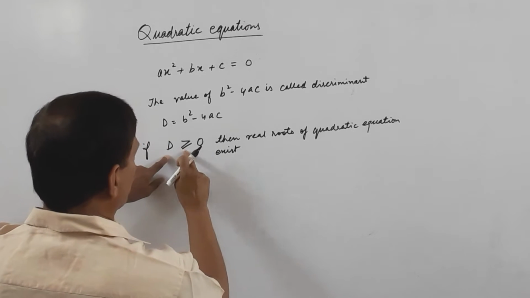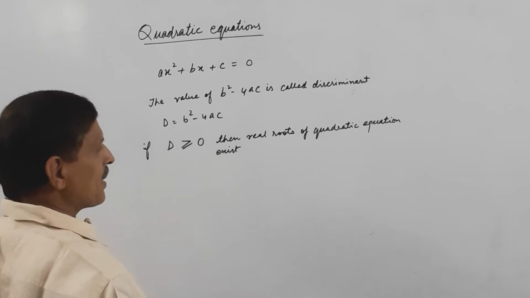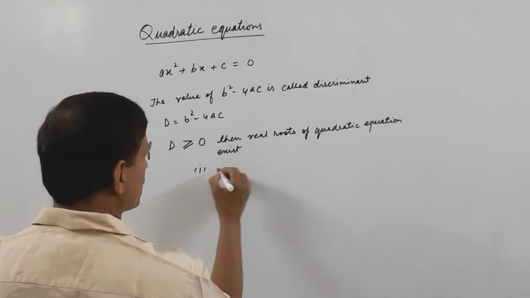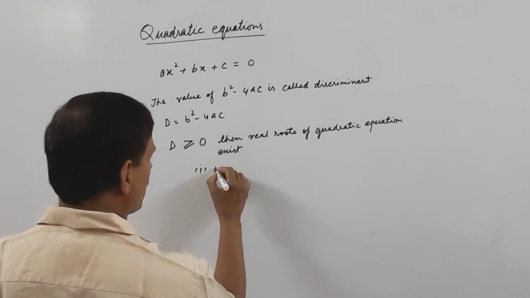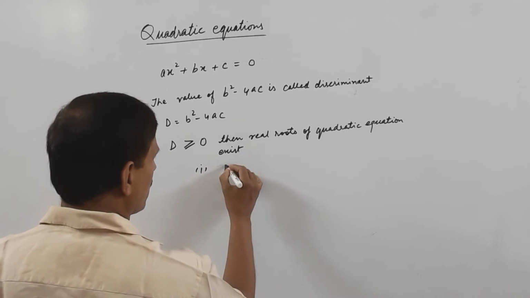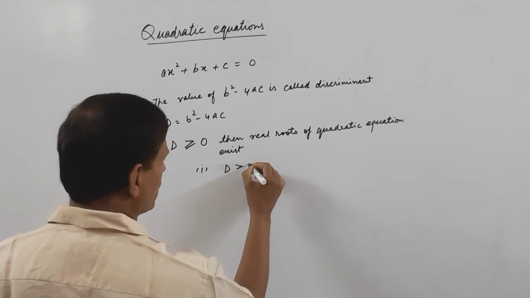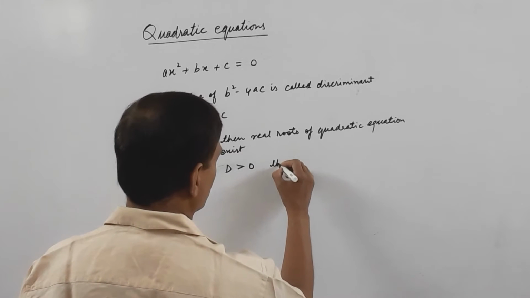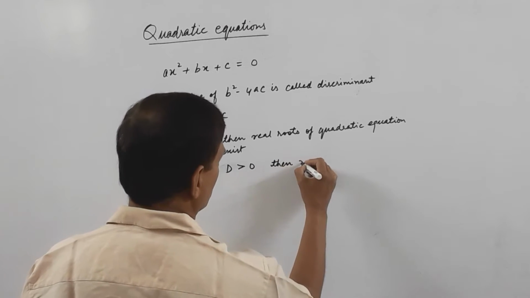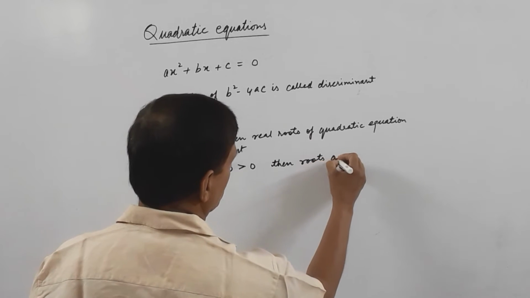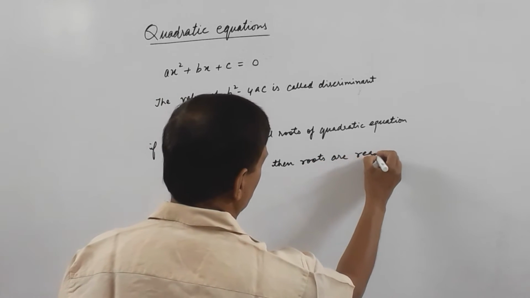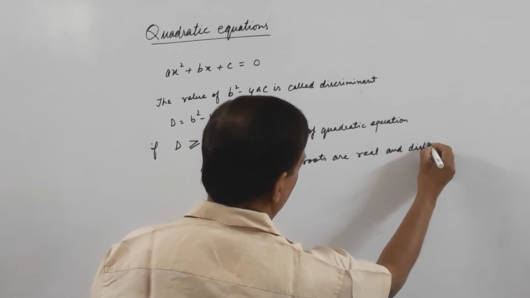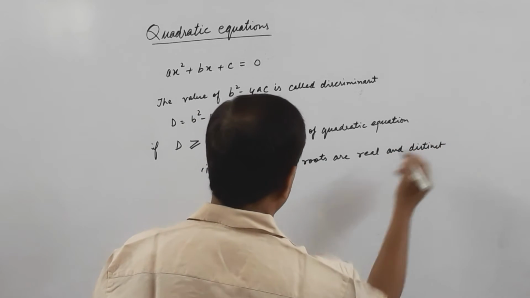This D greater than or equal to 0 includes 2 conditions. The first is D is greater than 0, then roots are real and distinct.